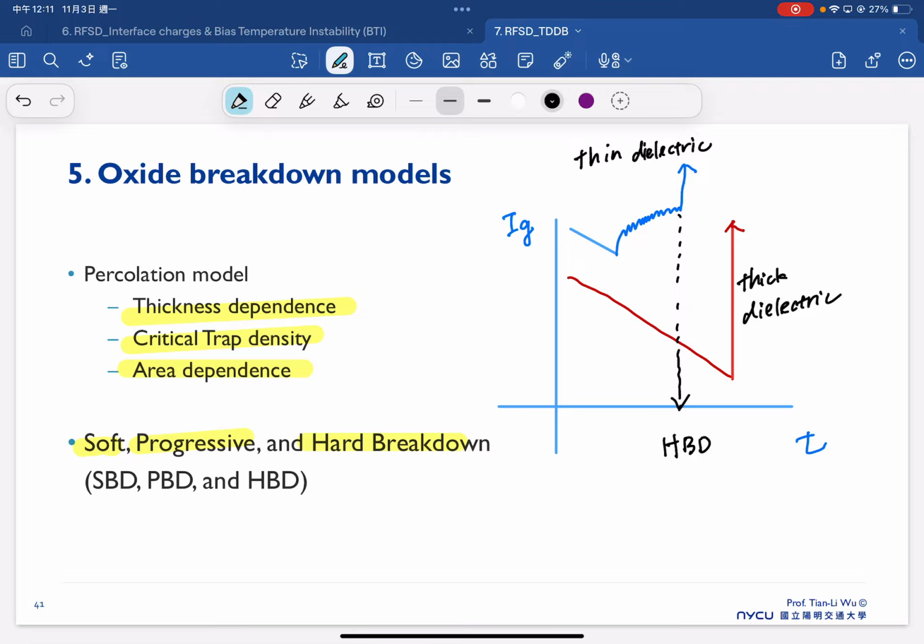But at the point where we start to see a little bit of noise, the noise is not just a measurement artifact or measurement error. It's really something happening inside our semiconductor device. The onset point for this noise is what we call the soft breakdown.